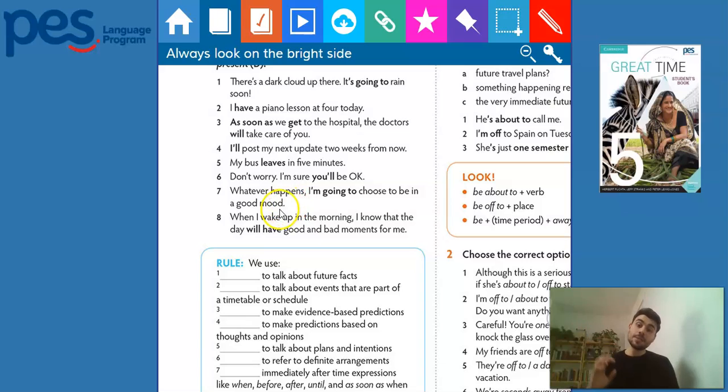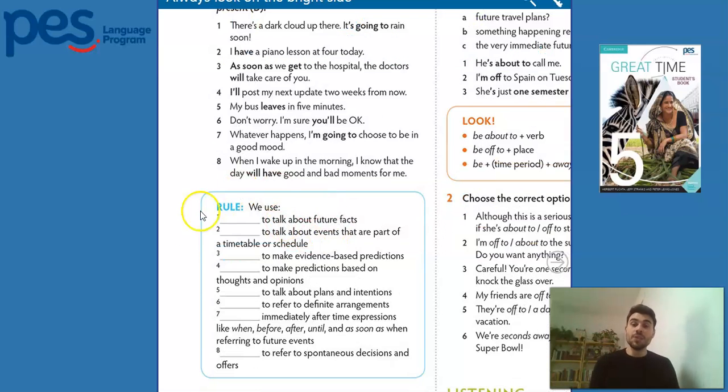And by analyzing each situation, you need to complete the rule according to the idea of each sentence when we refer to the future. Good. I hope it's clear. And now you are going to pause the video and come back later for us to check. Go on and good luck.